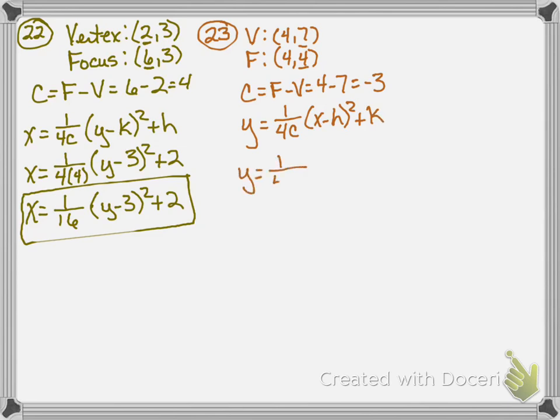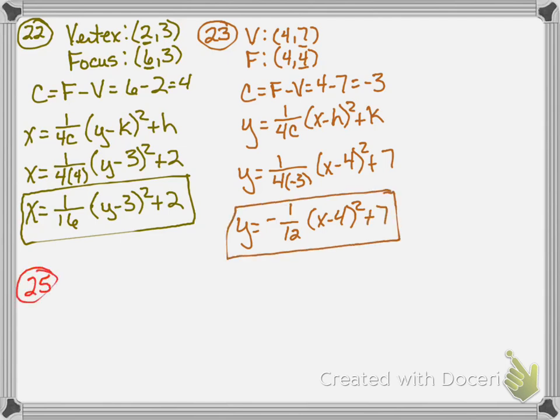So y is 1 over 4 times negative 3 times (x minus 4) squared plus 7, which gives me negative 1/12 (x minus 4) squared plus 7.